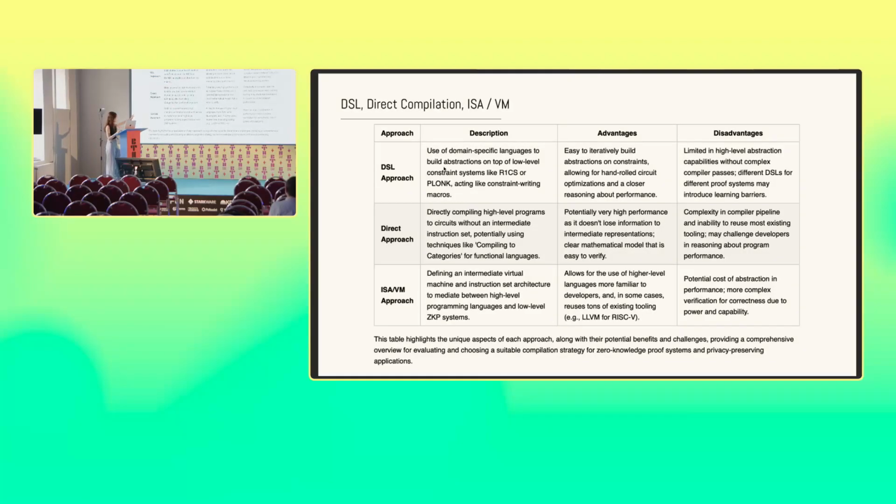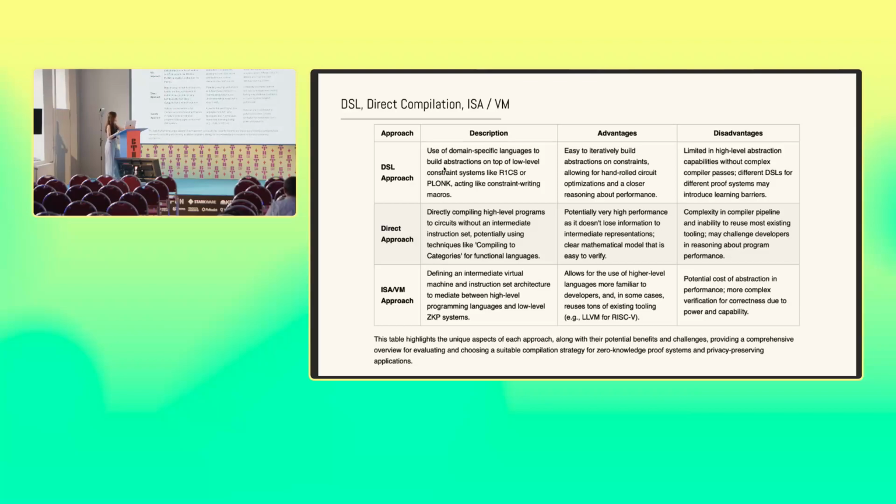There are a few approaches. I listed 3 here. People who tried DSLs before, that includes Cairo, RWorks, and Circom, and a few others. There are people who tried a direct approach. Actually, Anoma has a project that's been working on this direct approach, which is compiling to a functional language directly.